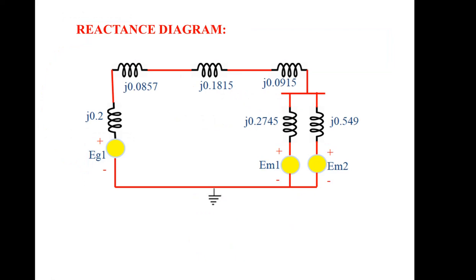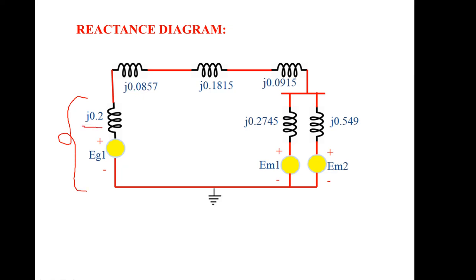Okay, this is the reactance diagram. What we have to remember is that in a reactance diagram, all the loads, resistance, capacitance and motors are neglected, only the reactance is kept. So this is the symbol for reactance, and these are the values to be found.